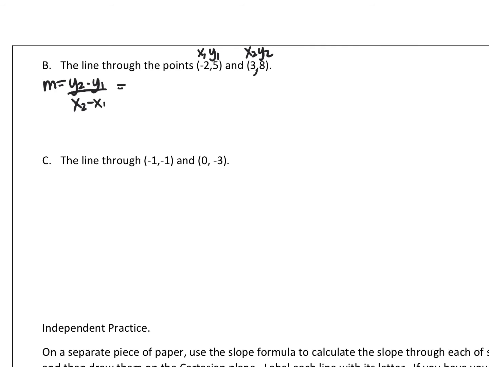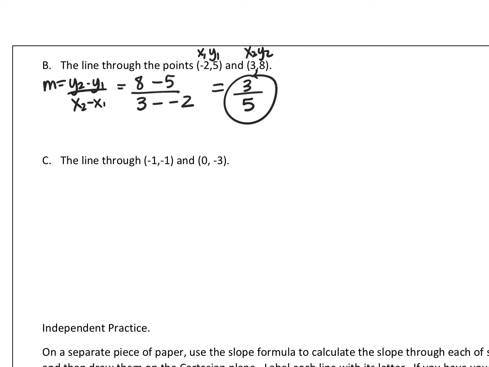So my y2 value, if I look at my points, is 8. Take away my y1 value, which is 5, over 3. Take away -2. So I've got 3 over 3 plus 2, which is 5. So my slope is 3/5. So in that case, when I don't have a graph drawn, it is quite a bit quicker.